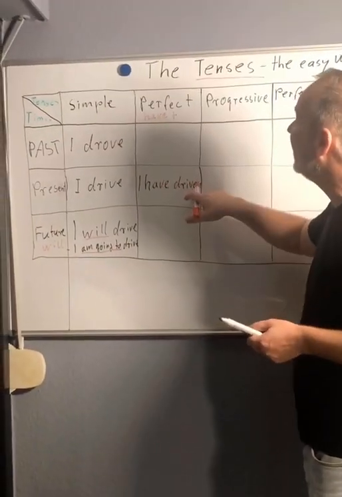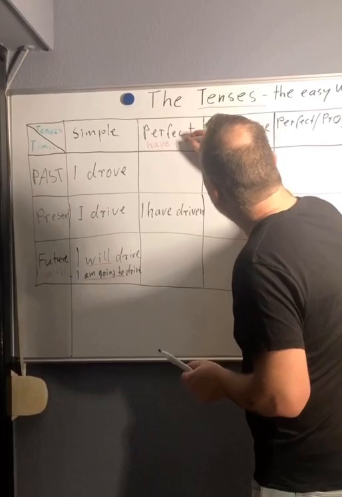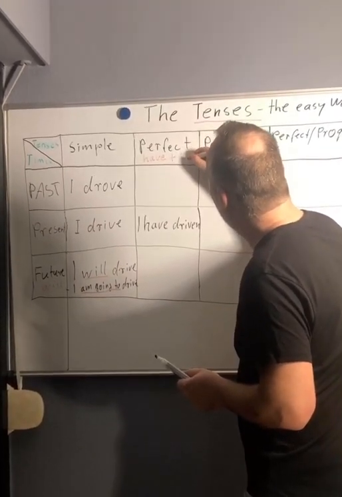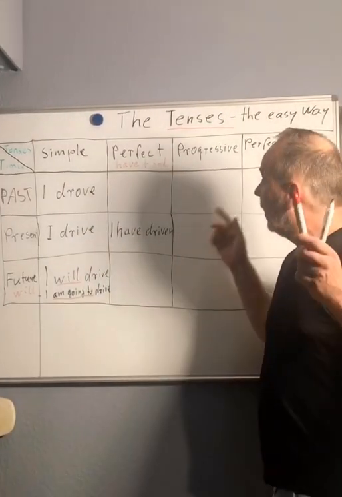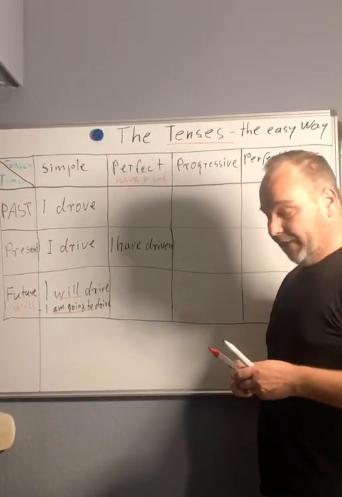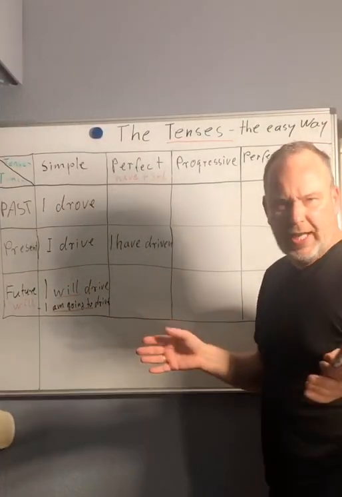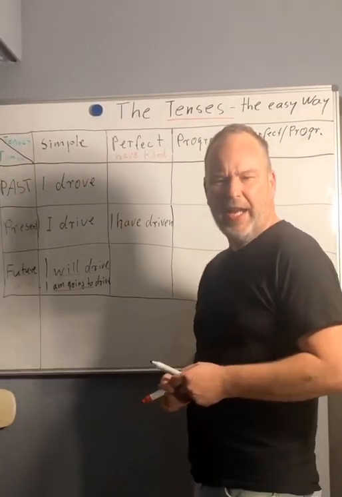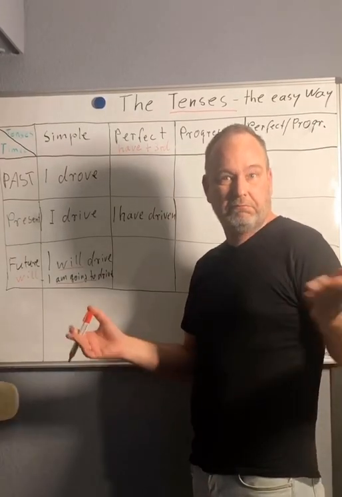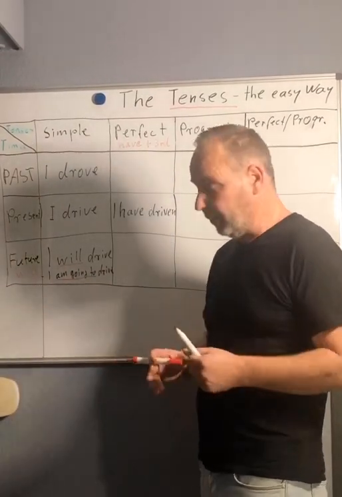Drive, drove, driven. Let's just write it like this. Third form of the verb. I have driven my car. Past perfect. Almost the same. Before I arrived at work, I had driven my car. Yeah, it's an action happened before another action.